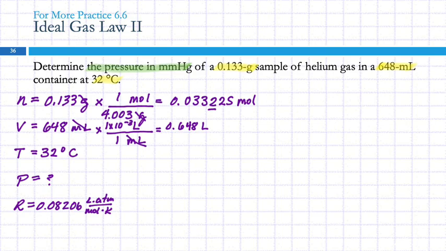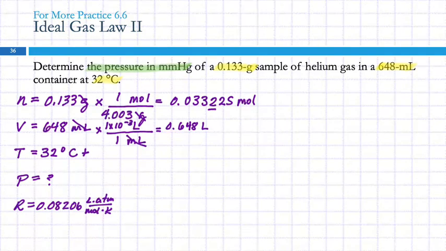It's a bottle of soda. So a liter is much bigger than a milliliter. If we have a small unit, the small unit's going to have the bigger number. The big unit is going to have the smaller number. So that's one way that you can make sure that you did that, because it's very common for people to move the decimal point in the wrong direction and end up with 648,000 liters.